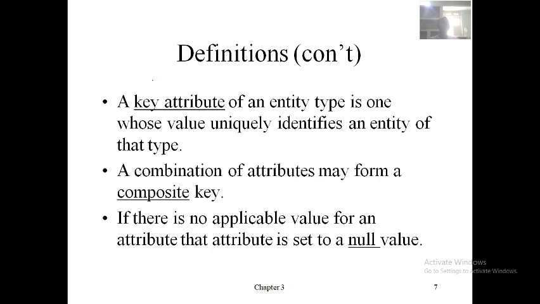A combination of attributes may form a composite key. So which was that? Probably book has the ID and one more. Which are the tables? Student was a table, publisher was a table, and book was a table.